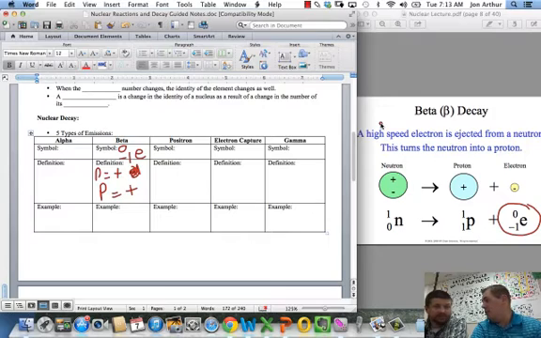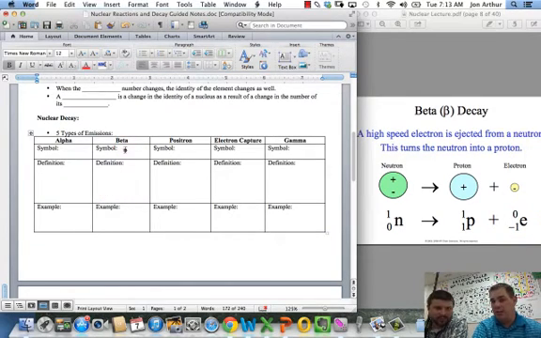So the definition there would just be that the neutron creates a proton. However you want to state that. I don't think you need to know it any more in depth than that. Just know a neutron is giving off an electron to create a proton, if you can fit all that in that little box.